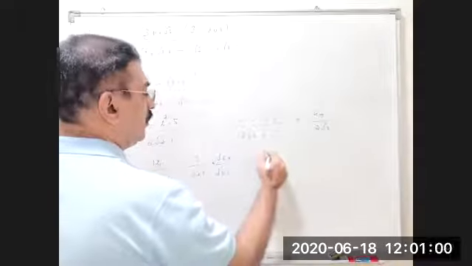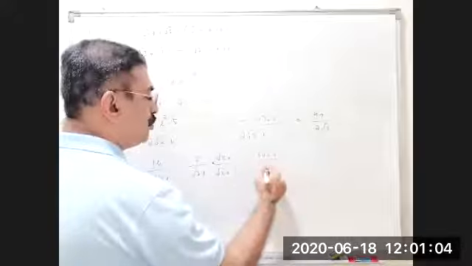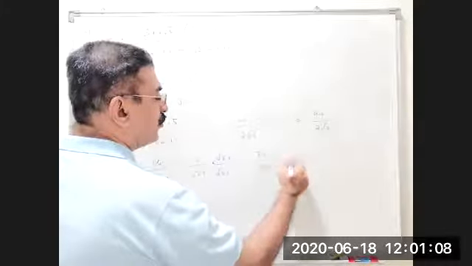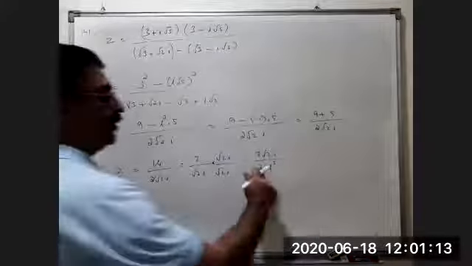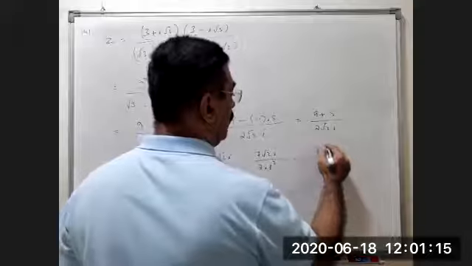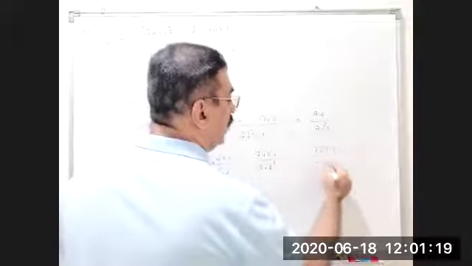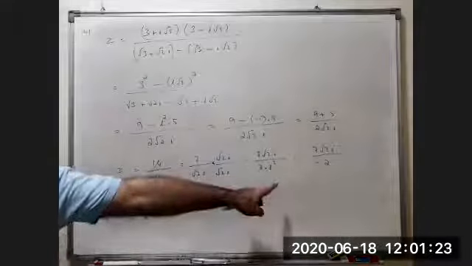Numerator is 7 root 2i. Root 2 into root 2 is 2. i into i is i squared. This is 7 root 2i by 2 i squared. By minus 2, i squared is minus 1.